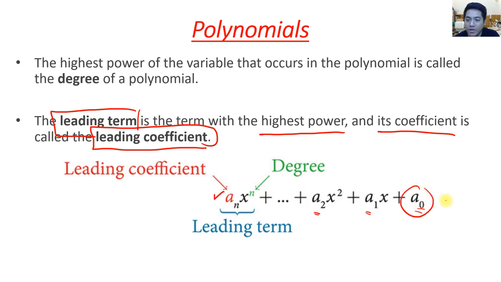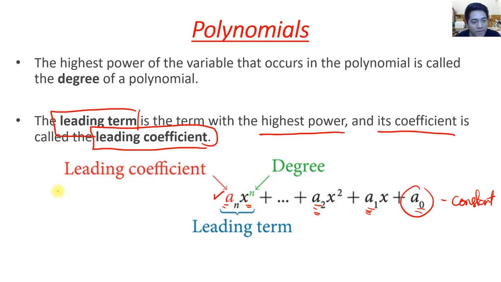A sub 0 denotes the constant, and a sub n, a sub 2, and a sub 1 denote the coefficients of every term of x in the polynomial.